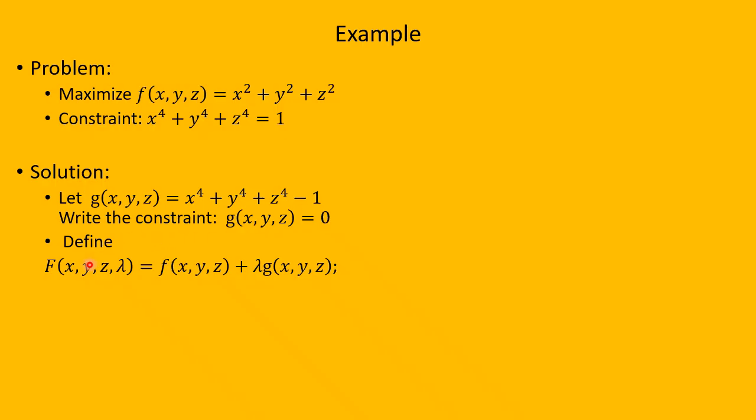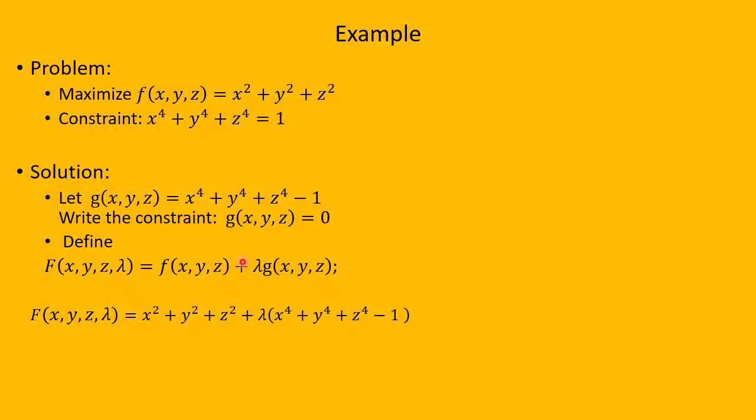We'll define this function, capital F of x, y, z, and the Lagrange multiplier lambda to be little f of x, y, z plus lambda times little g of x, y, z, our function that we're trying to maximize or minimize, and our constraint function.